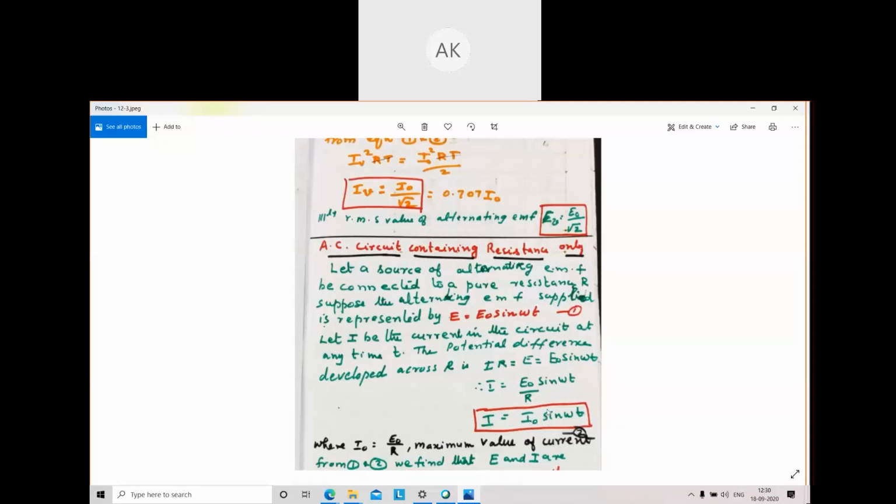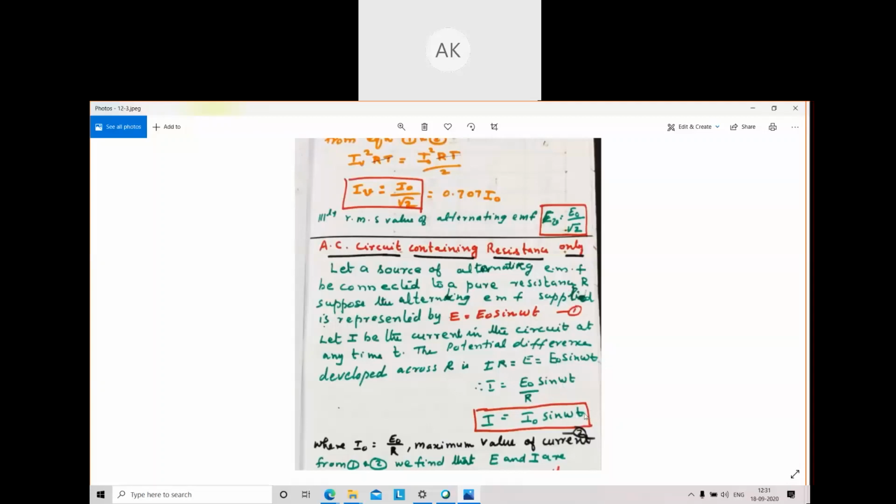Compare equation 1 and 2. You see, E equal to E0 sin omega t. The corresponding current when AC is passed through a resistor is I equal to I0 sin omega t. And here both are in same phase. This is omega t and this is also omega t. We are not adding or subtracting anything from this.